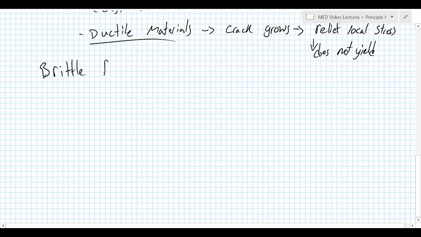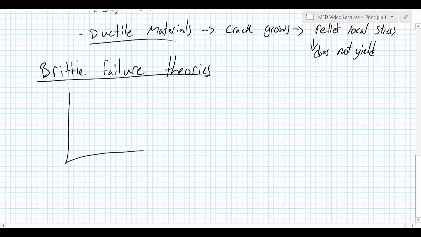Now let's talk about some of our brittle failure theories. And recall, we consider something a brittle material if, when we plot a stress-strain diagram, the strain at which it fails, epsilon f, is equal to or less than about 0.05, so about 5% strain.